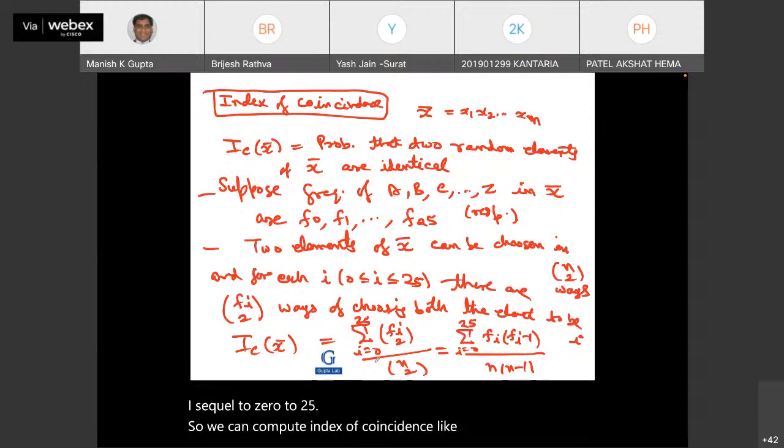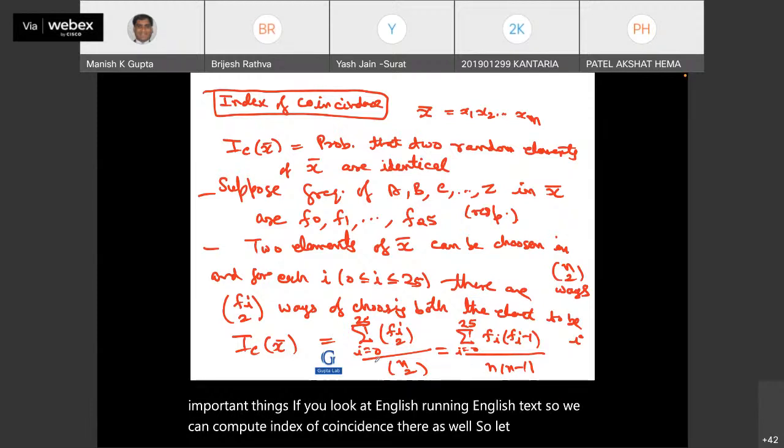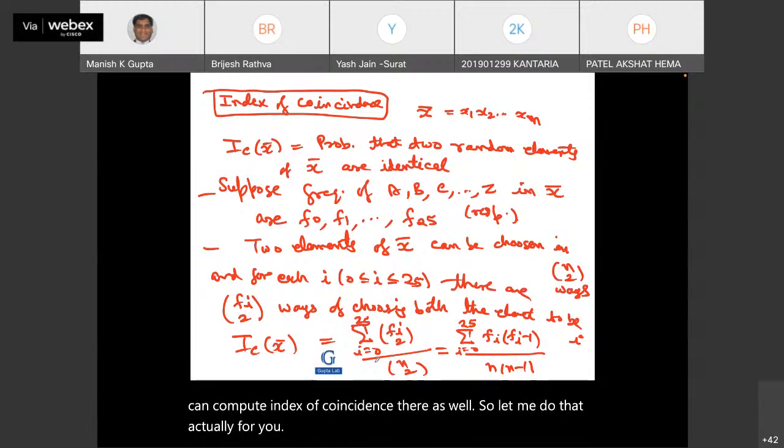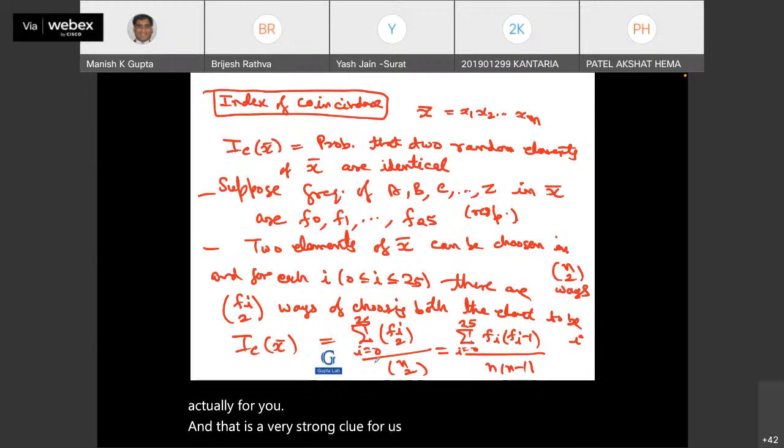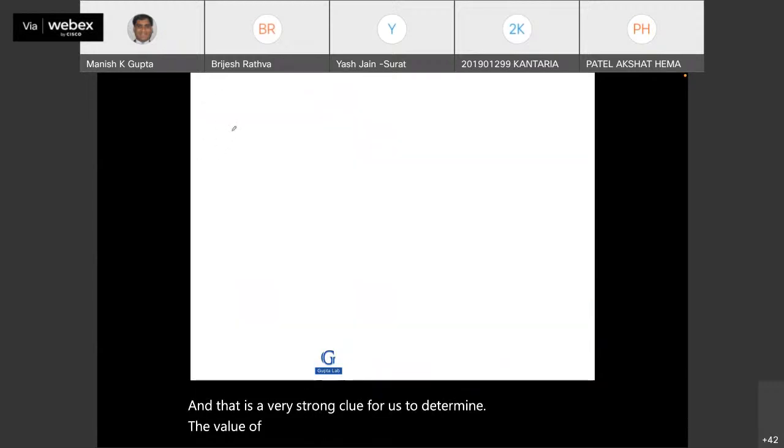Now there are important things. If you look at running English text, we can compute the index of coincidence there as well, and that is a very strong clue for us to determine the value of m. So here is the result.